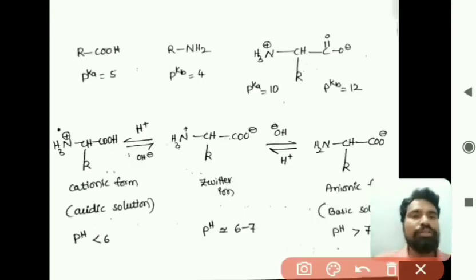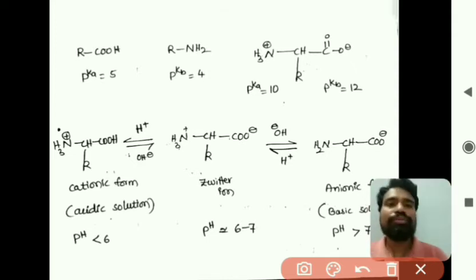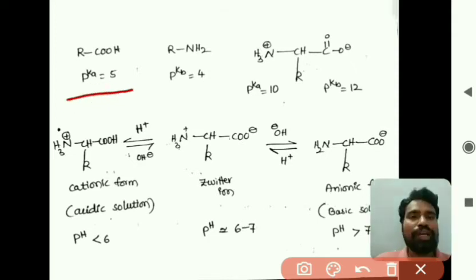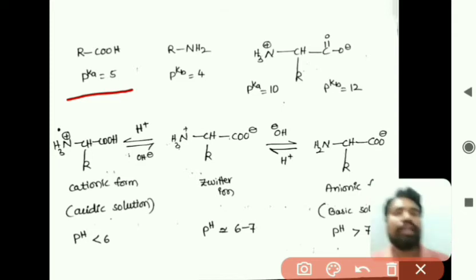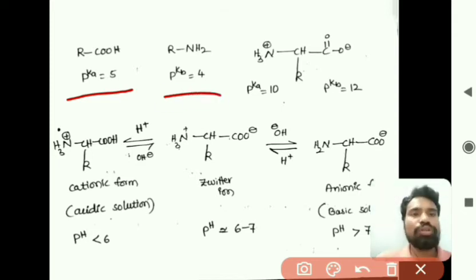So if you observe the acidic and basic character of carboxylate and aminium ions: the pKa of a carboxylic acid is around 5, indicating that acidity is more, and for an amine group the pKb is 4, that is the basicity is a little more.